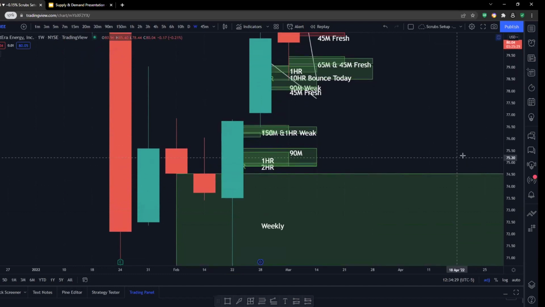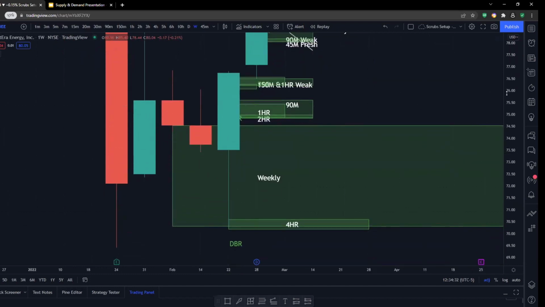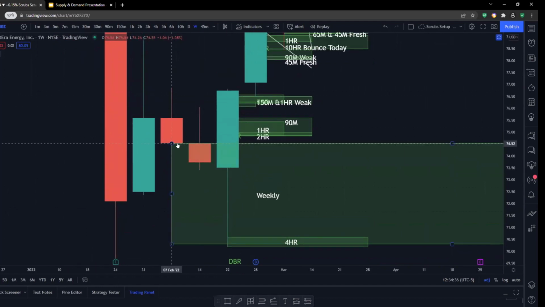Now this is where you chart it a teeny bit differently. You would start the zone from the top of this basing box and chart all the way down to the wick. That is the weekly demand area. It's a bit of an inverted process from how to chart the supply zones.